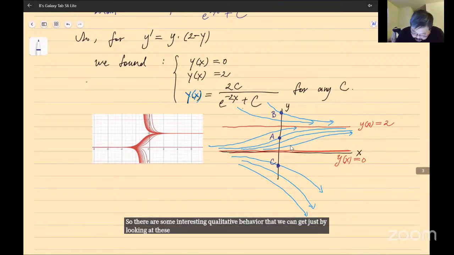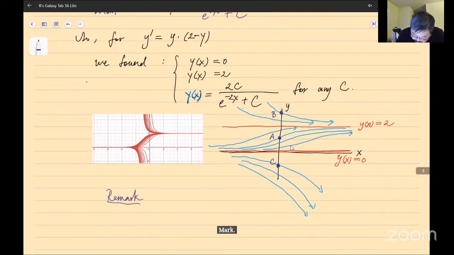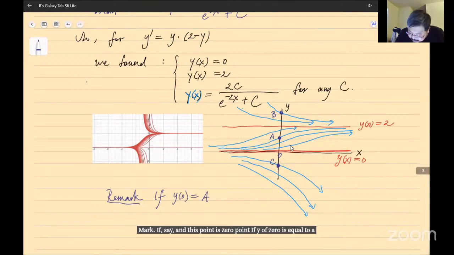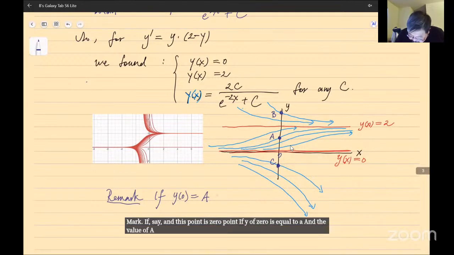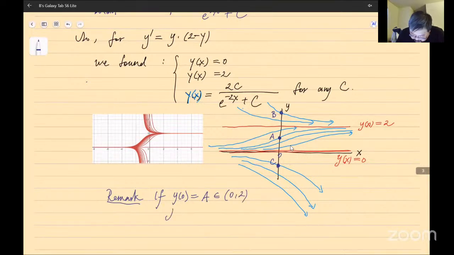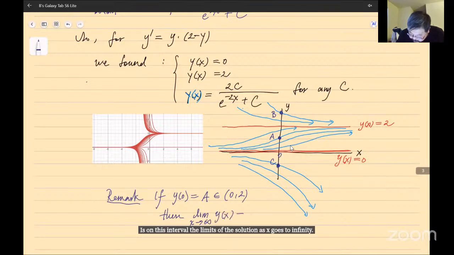So let me make a remark over here. Remark. If, say, this point is 0, if y of 0 is equal to a, and the value of a is between 0 and 2, on this interval, then the limit of the solution as x goes to infinity is going to converge to the number 2, right?